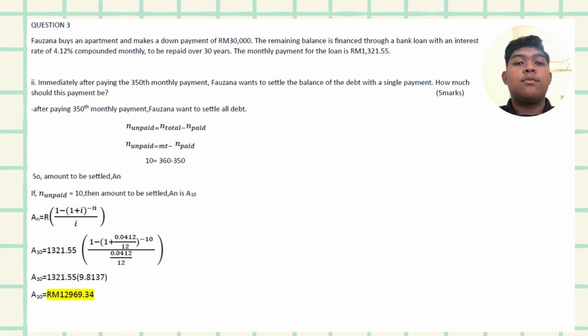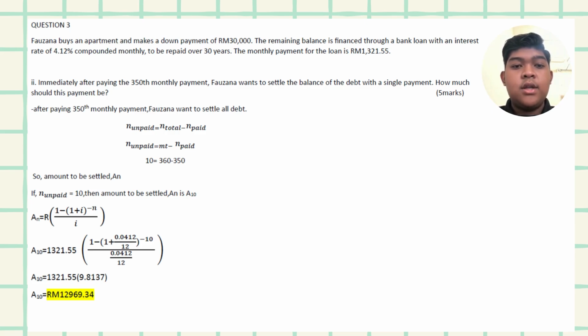So for question 3, Roman 2, after Fauzana pays 315 monthly payments, if Fauzana wants to settle the balance, we must use two formulas. First one, which is N unpaid equals N total minus N paid. So 325 minus 315 equals 10.